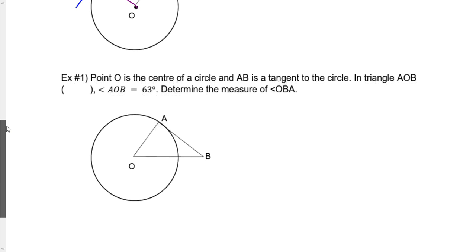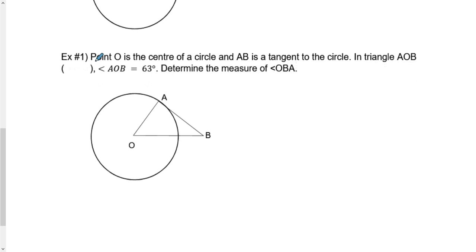So we're going to deal with an example that relates to that. Point O is the center of a circle. So this point right here is the very center of the circle. AB is tangent to the circle, so it means it's touching in exactly one spot.